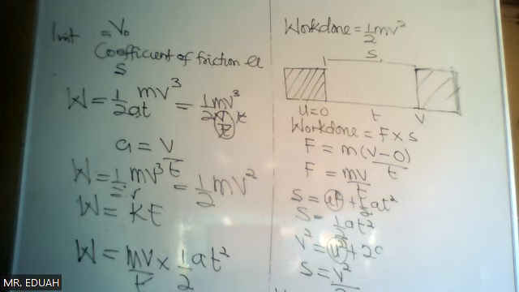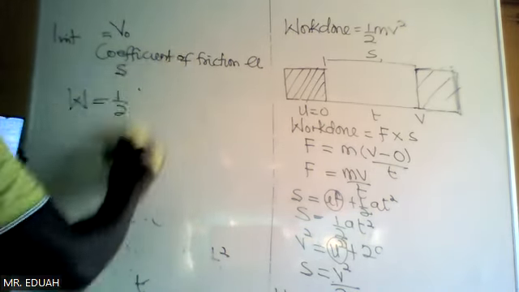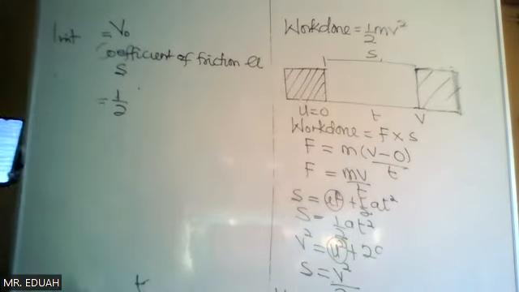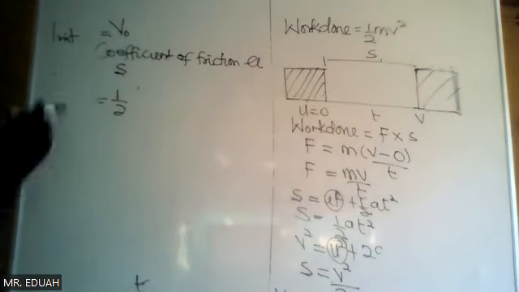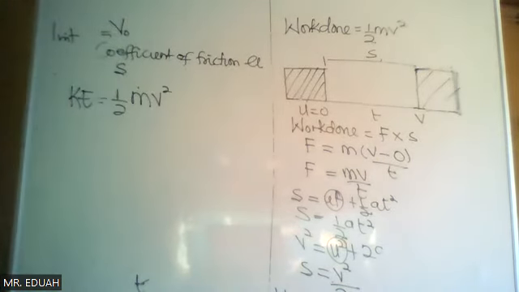Let me retrieve the question. A body of mass 5 kilograms initially at rest is moved by a force of 2 Newton on a smooth horizontal surface. The work done: the work done is the kinetic energy. So KE is half mv squared. I have the mass. I need the velocity.